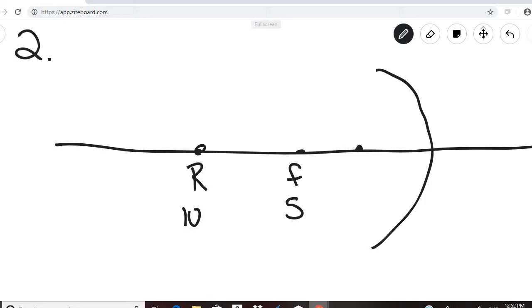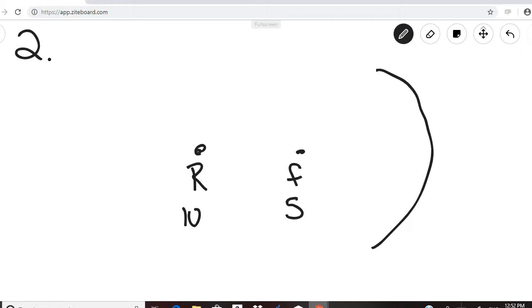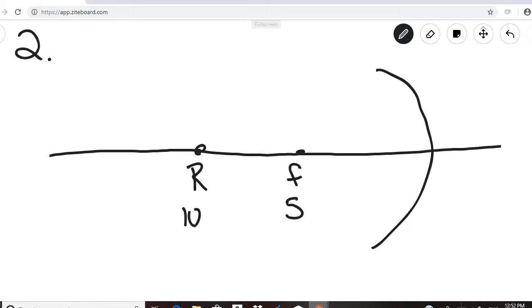Okay, so here's our object, 3 centimeters. Scoot that back just a little bit. So we'll put our object right there. Okay, so now we see that we can't really draw a line through the focal point, but we can draw a line as if it went through the focal point.